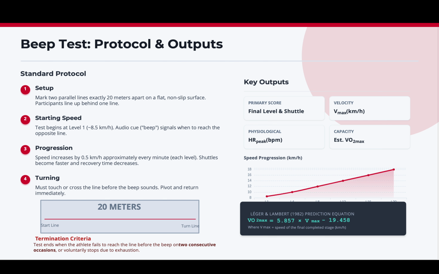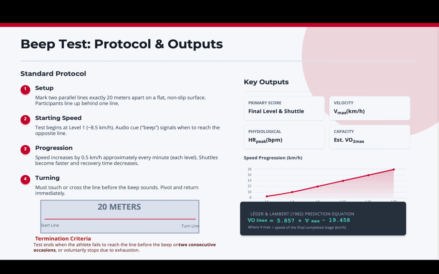Now on the beep test, the protocols and the outputs. The standard protocol: how's the setup? You mark two parallel lines exactly 20 meters apart on a flat, non-slip surface, and the participants line up behind one line.